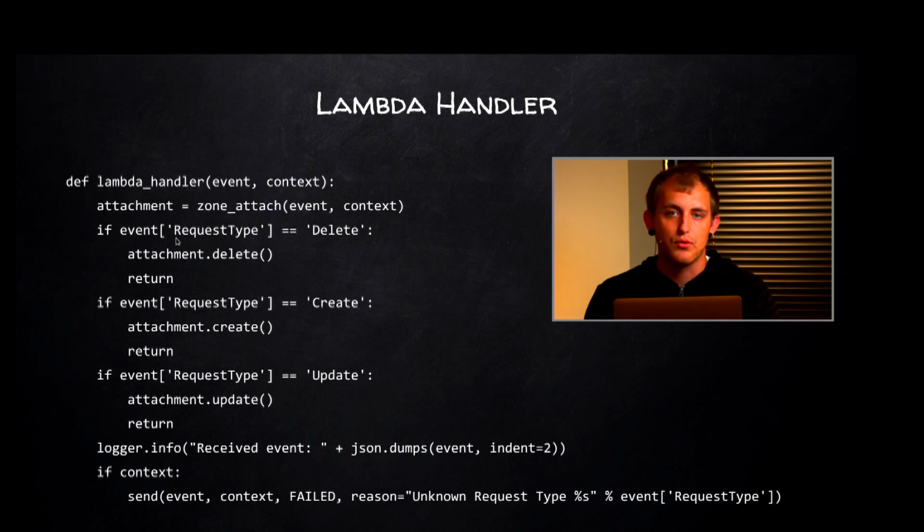Those are the three different request types that CloudFormation will pass to you through the custom resource. For each one of those, I've got a method on this class that adheres to that, either the delete, create, or the update. And if we do not find a request type that we know about, we log and fail. We'll talk a little bit more about this send thing down here in a little bit.